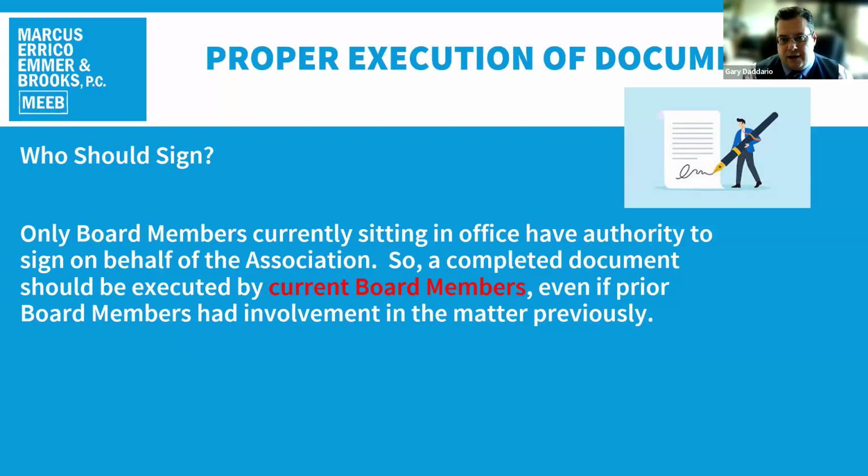And that's who has to sign. Sometimes, you can ease any practical issues by having a transition meeting between the old board and the new board and letting people fill each other in and things of that nature. But at the end of the day, it's got to be current board members whose signatures are on a document as of the date it was signed. Otherwise, the door is open for a challenge.